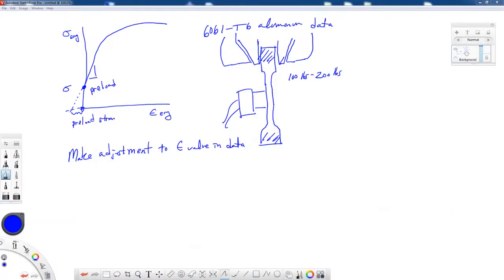Now, another point that I want to make about this data is there's a certain point where I've gotten to the ultimate stress, and this is starting to come down, where my extensometer only extends so much, and then I have to take it off. I really don't want to have my specimen break while an extensometer is on there. And when I take the extensometer off, what happens is your strain values will look like they do something weird like this.